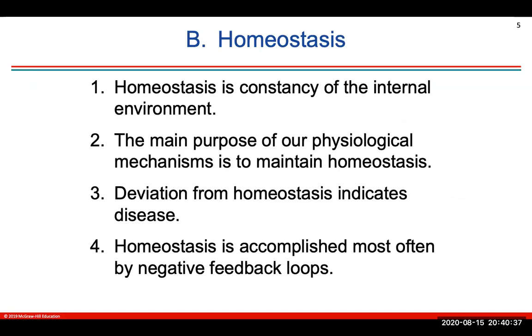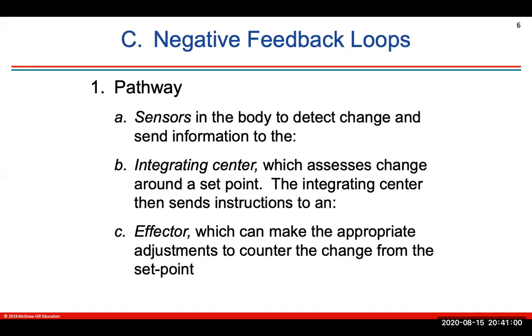Homeostasis is constancy of the internal environment. The next few slides are taken directly from the Chapter 1 lecture, which hopefully you've seen by now. The main purpose of our physiological mechanisms is to maintain this homeostasis or balance. Deviation indicates disease, and homeostasis is accomplished usually through negative feedback loops, which is what we just went over. The pathway is what you should be familiar with, so reference these slides as you're filling out questions for your lab report later.